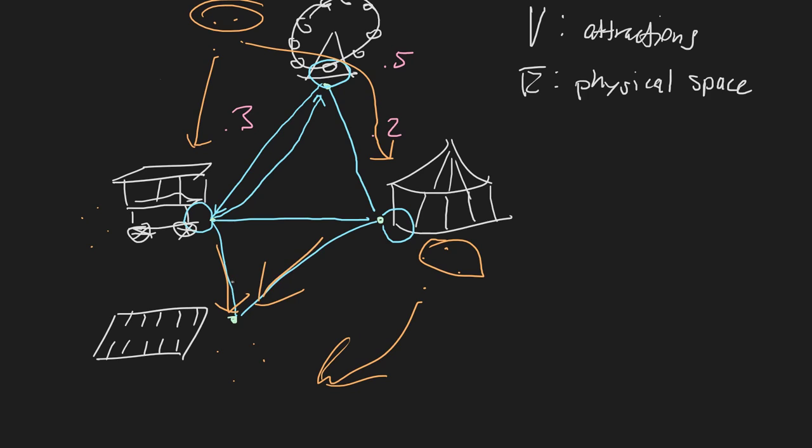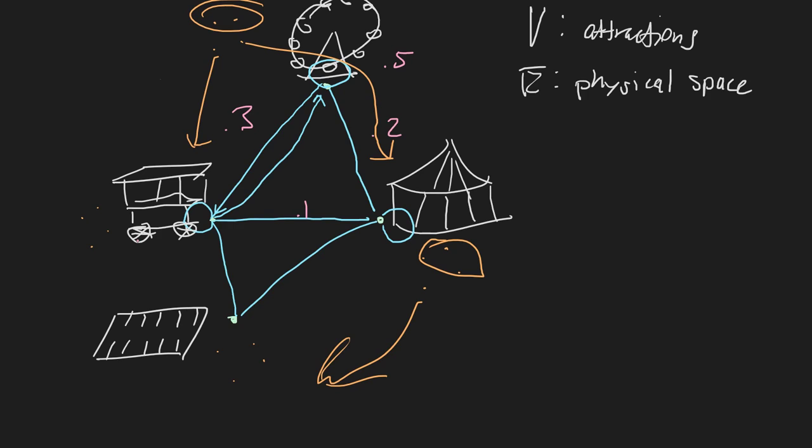But also important is the actual weight on those edges. So if only 0.1 of the people from the carnival go to the food stands, that's probably not a huge contribution to the popularity of the food stands.